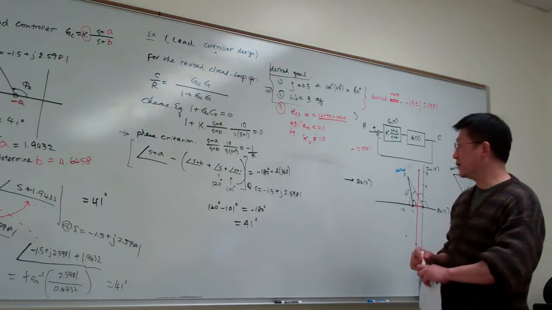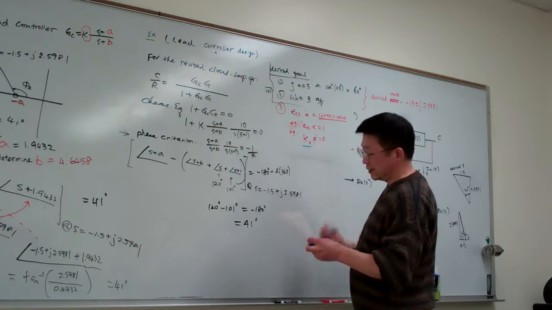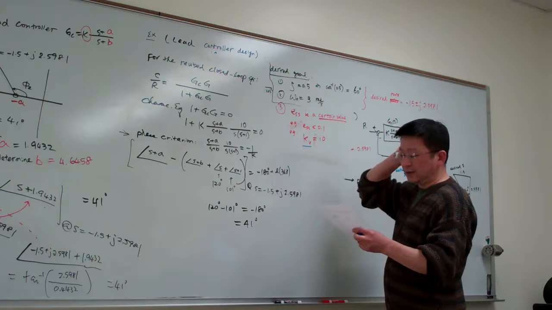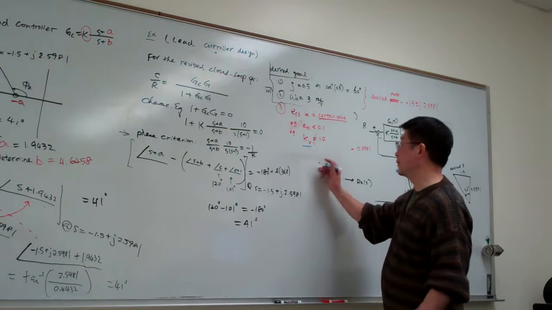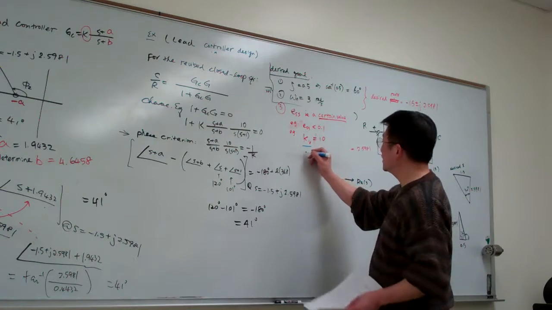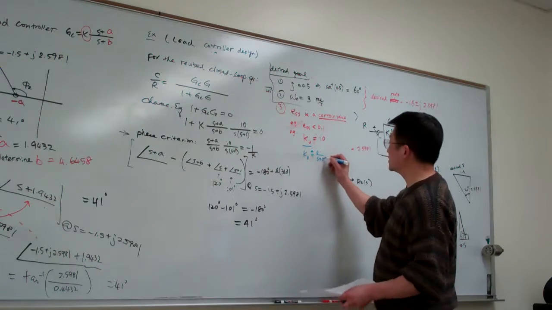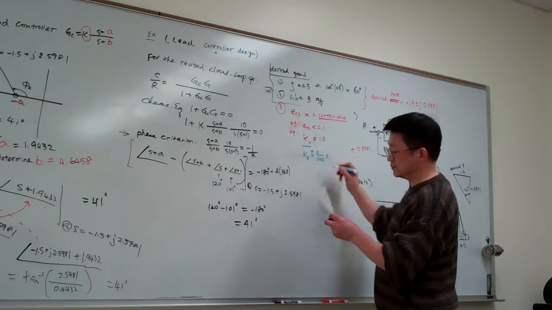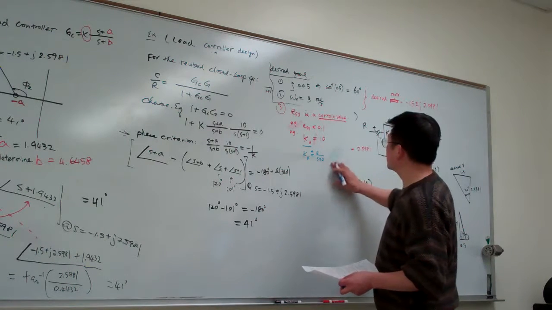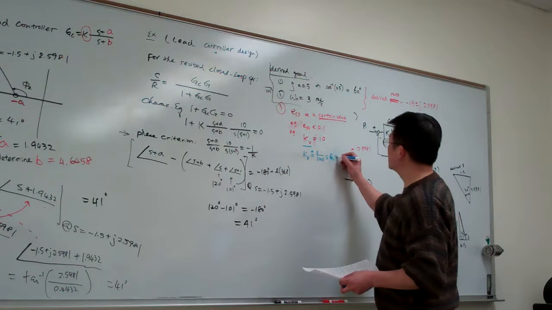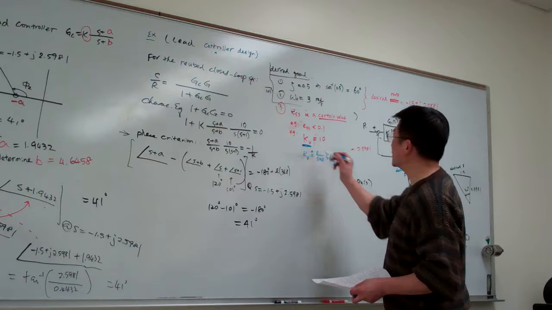Do you remember what KV is? By definition, KV is the limit as S approaches 0 of S times GC times G. So KV by definition is this.